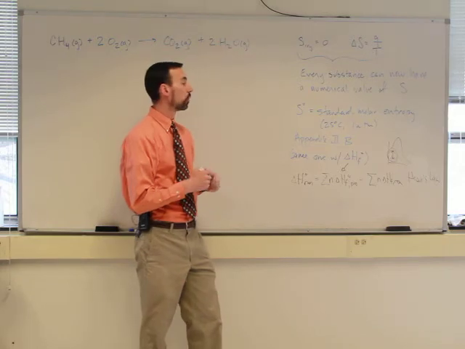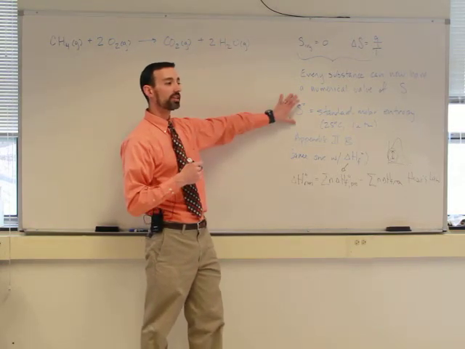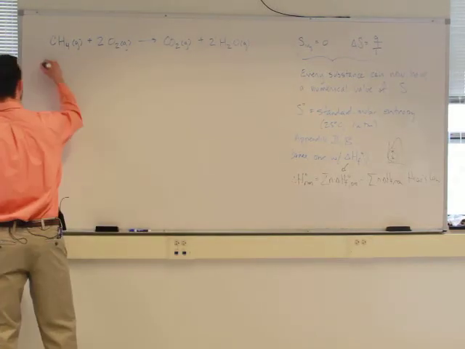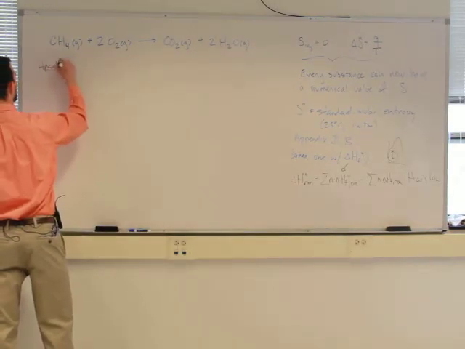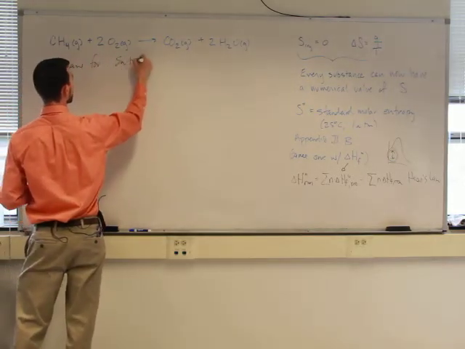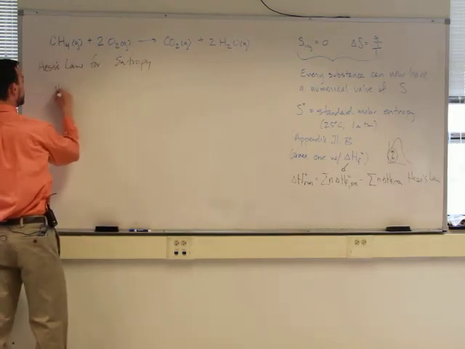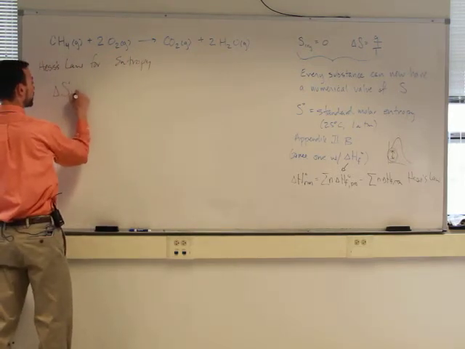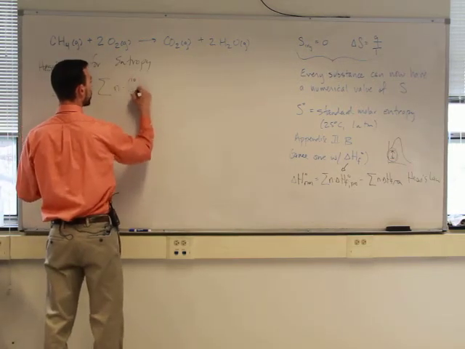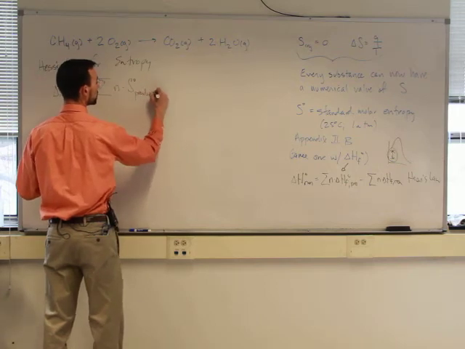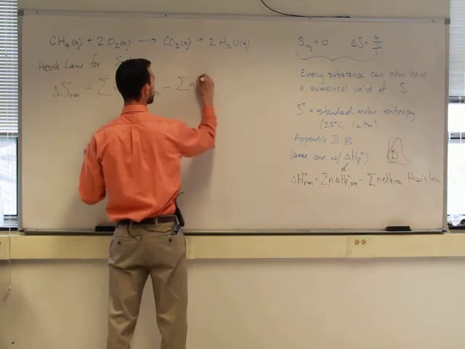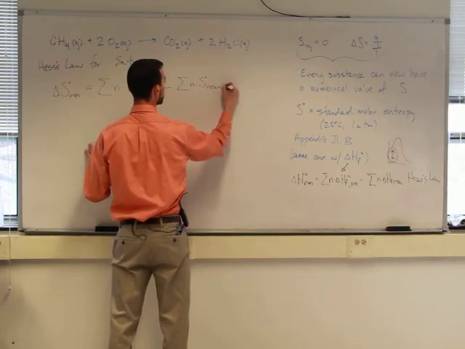Well, entropy, standard molar entropy, is the exact same way. And so we have a version of Hess's law for entropy that says the change in entropy of a reaction is just the sum of the standard molar entropies of your products minus the sum of the standard molar entropies of your reactants.